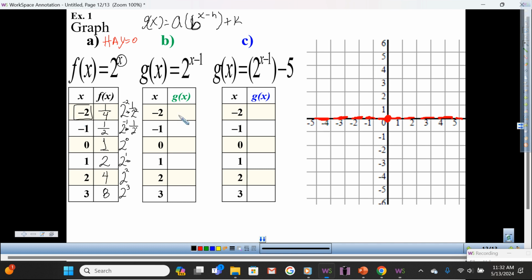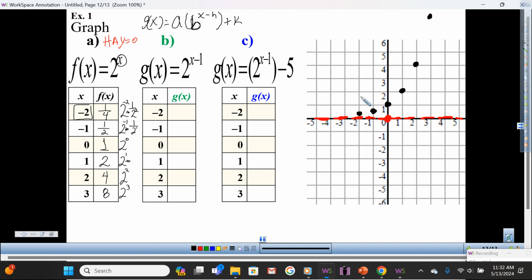And now let's plot our points on our coordinate plane. Negative 2, 1/4 is about right here. Next one, negative 1, 1/2. Negative 1, 1/2. 0, 1. 1, 2. 2, 4. 3, 8. 6, 7, 8, somewhere up here.